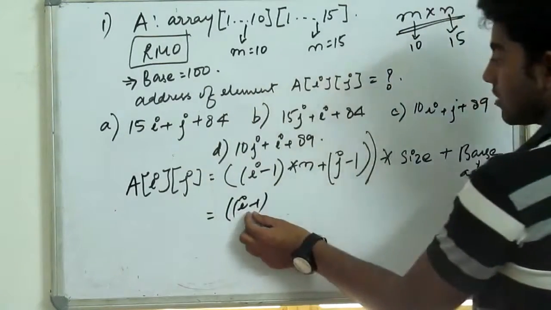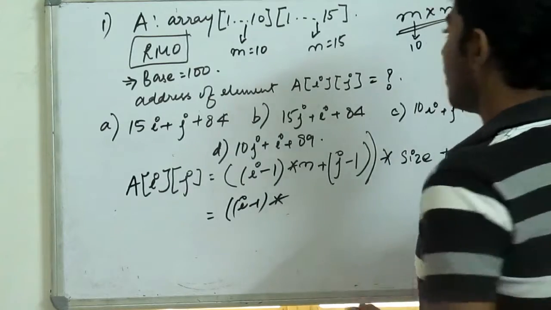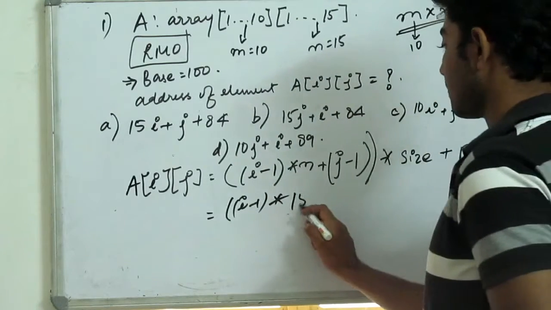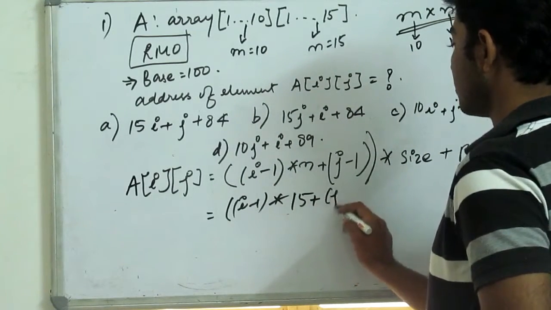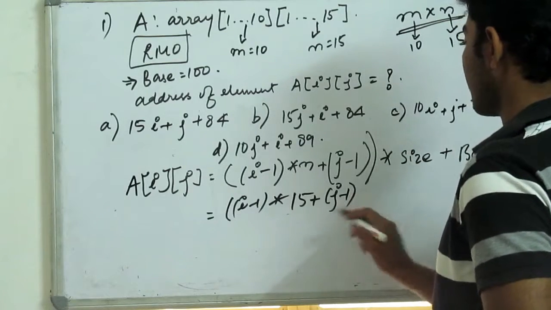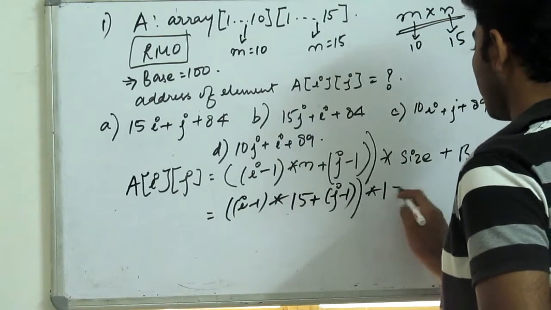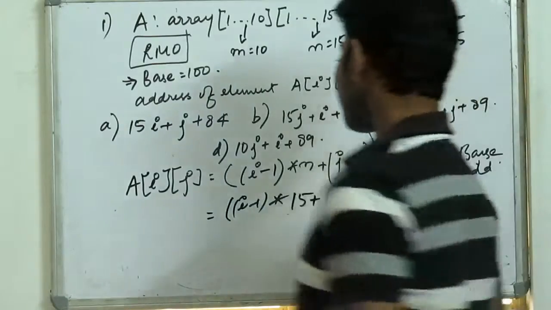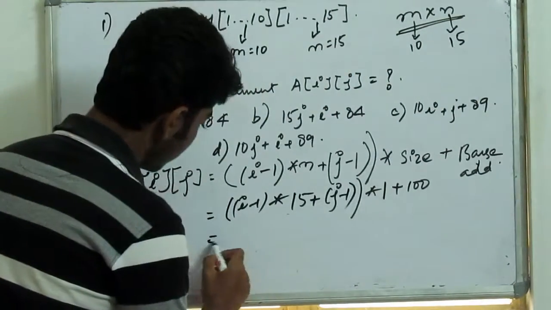So this becomes (i minus 1) into n, which is given as 15, plus (j minus 1), into 1, plus 100. So what will come here?